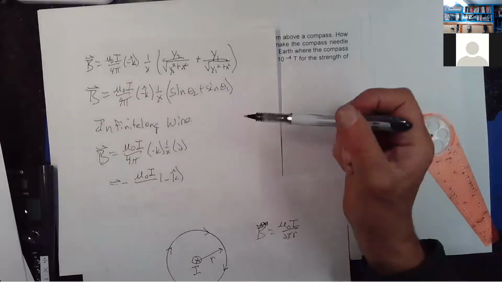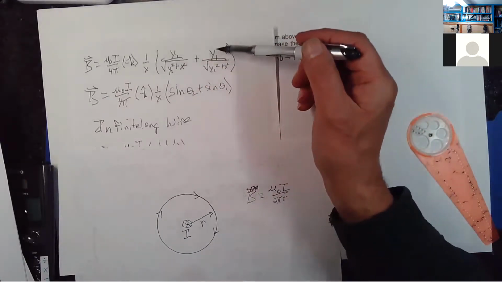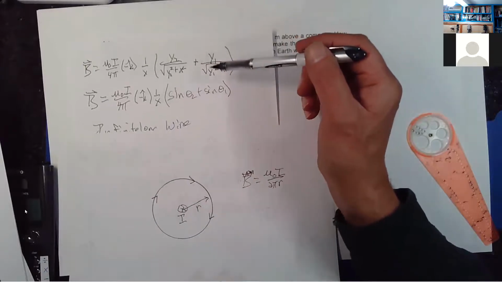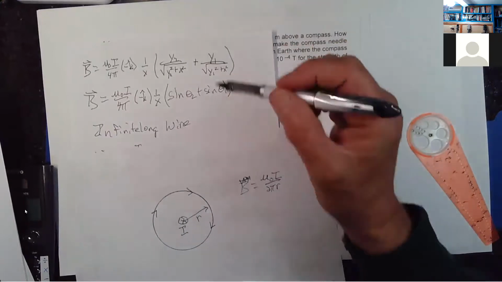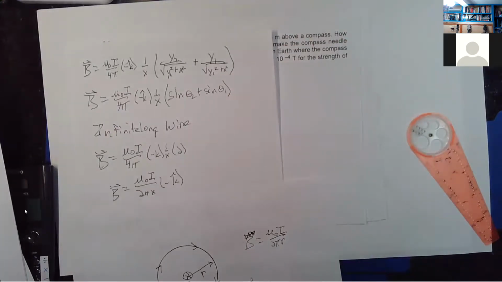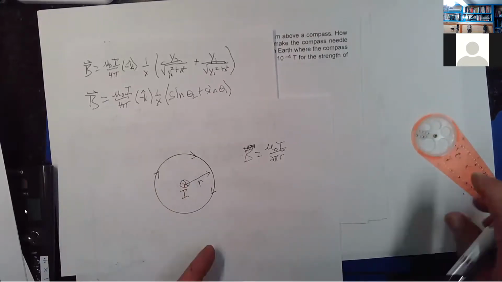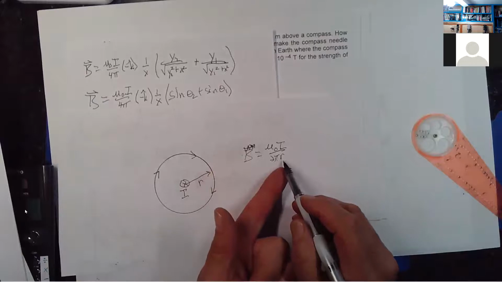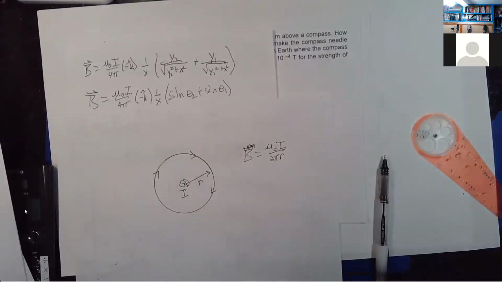So just from that one example, we figured out a whole bunch of things. First, we figured out the magnetic field strength for that particular situation, but then we took it and made the wire longer and ended up with that expression. And by changing the viewpoint a bit, we can look like this. And so you'll have a magnetic field that gets weaker with 1 over the distance. Now, the reason it gets weaker with 1 over the distance and not 1 over the distance squared is because the wire is infinitely long.